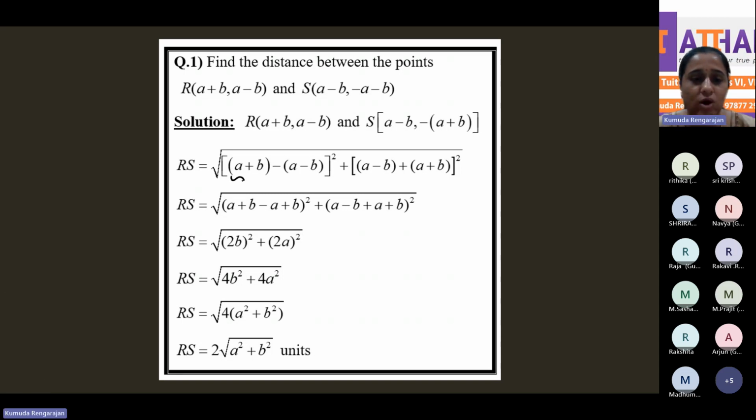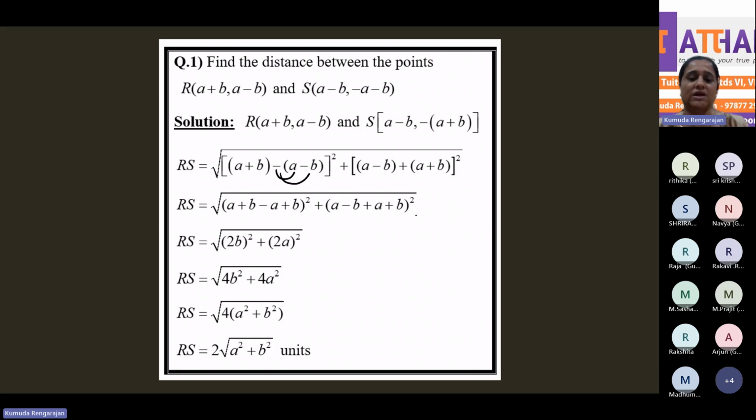This is the X coordinate of R, this is the X coordinate of S, like x1, x2, difference and whole square. Plus, this is y1, this is y2, but minus into minus plus, whole square. Now open the bracket, minus A minus into minus is plus B, the whole square.